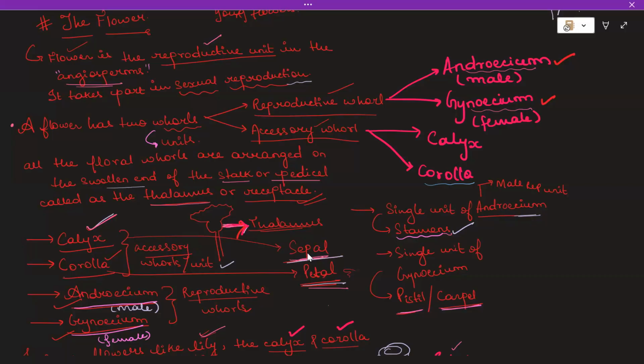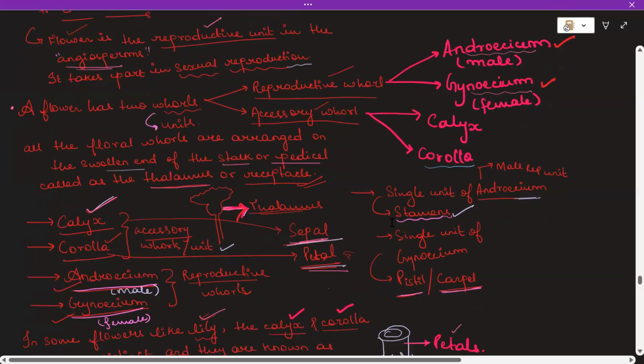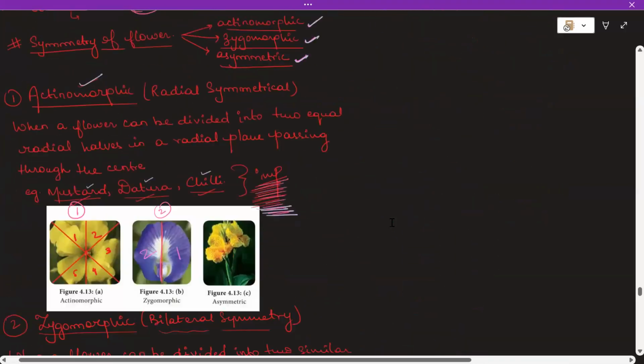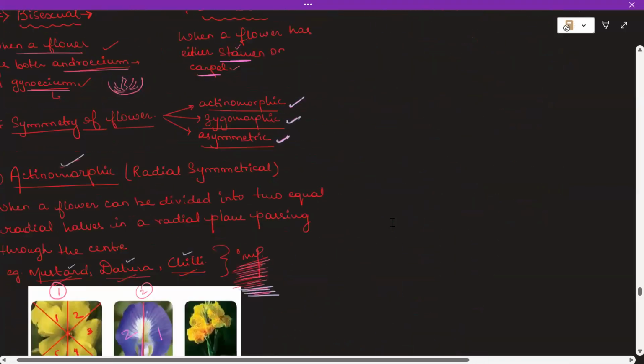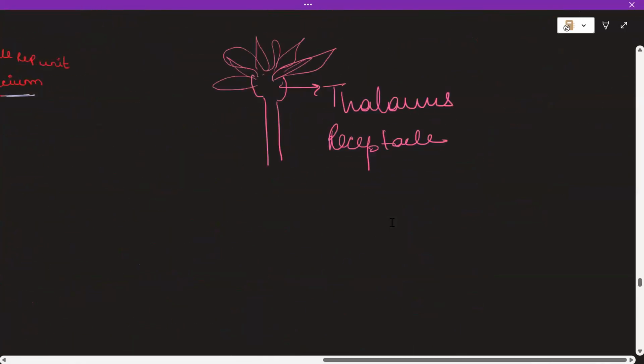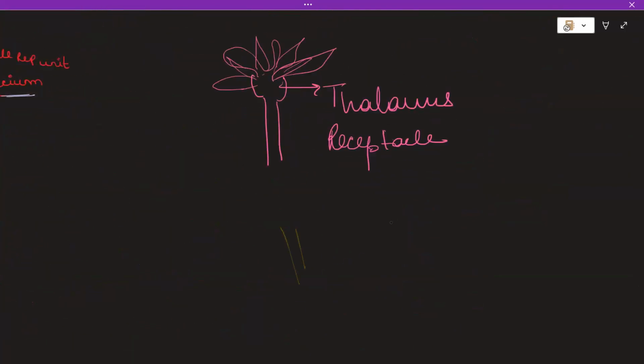And where exactly is this thalamus? Thalamus, see. Basically in a flower, there is a swollen structure present like this. Now on top of that swollen structure, all the petals are borne.